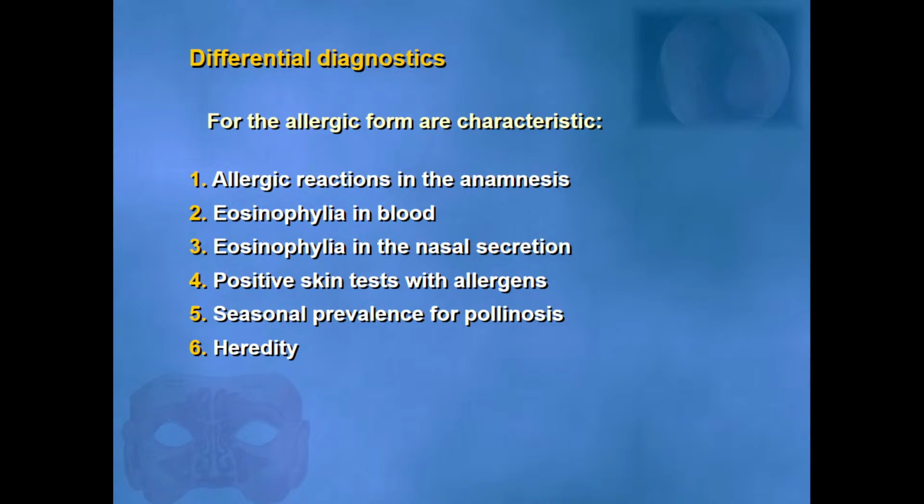If we are speaking about the seasonal or intermittent form, it's commonly pollen of different plants, depending on the season. If we are speaking about the persistent form, it's the antigens of home pets, such as cats, dogs.